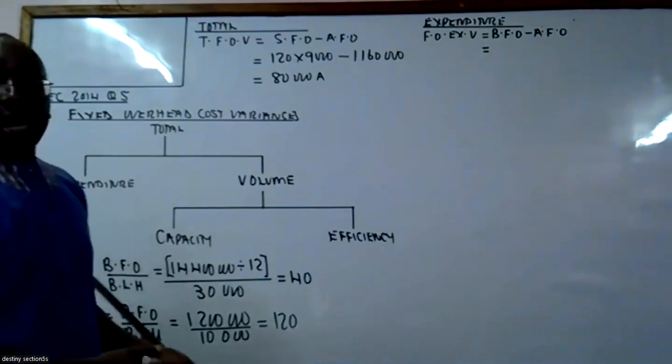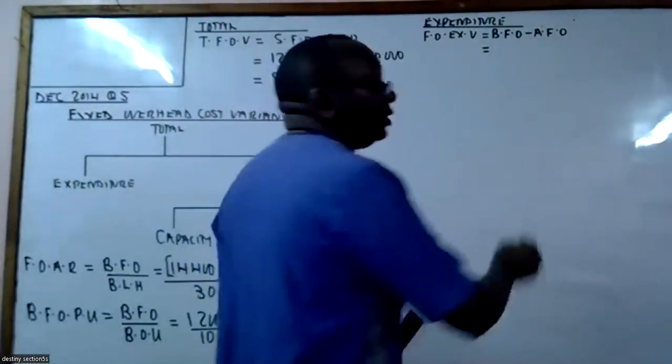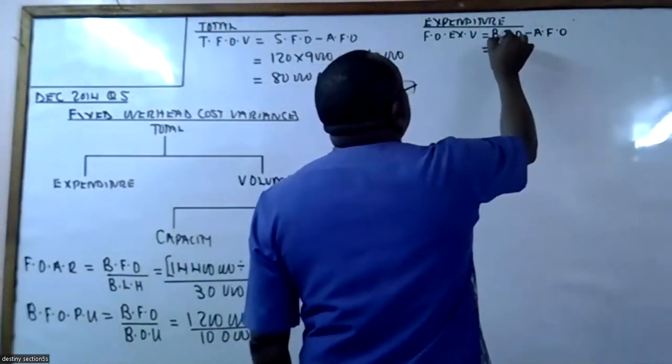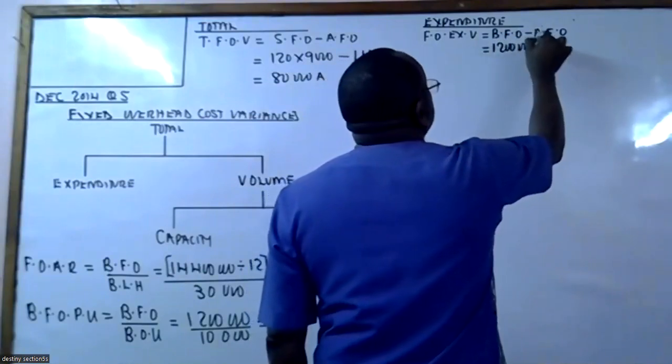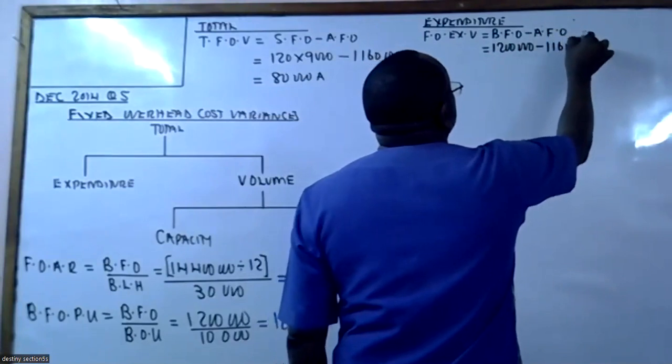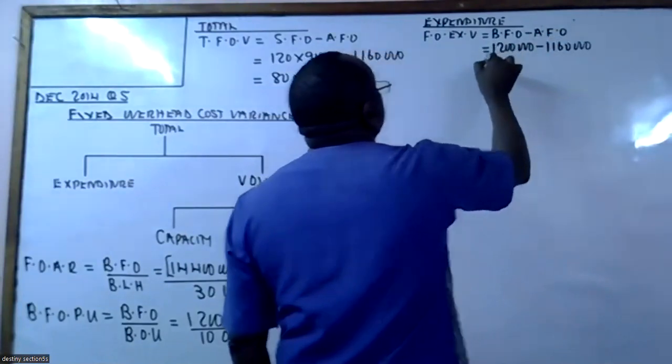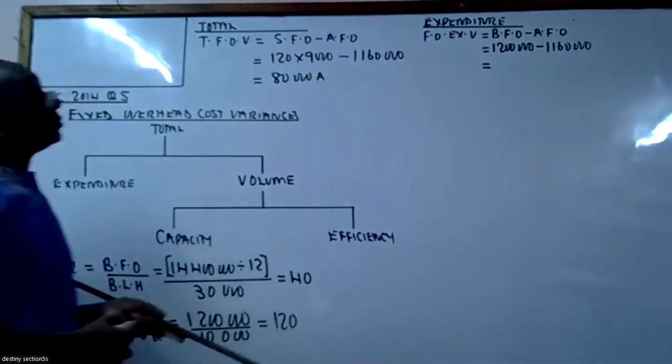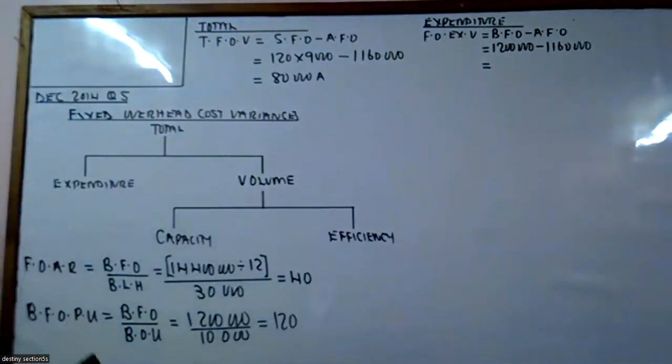So the budget, as you again can be able to see, is 1,200,000, and the actual is 1,160,000.